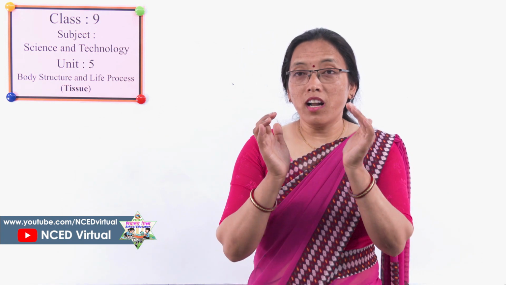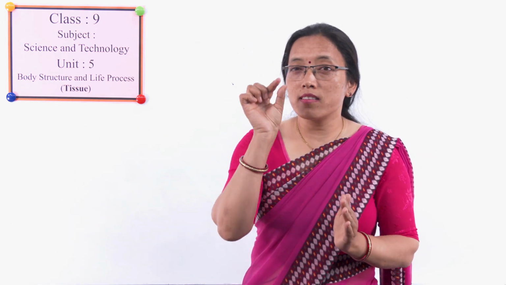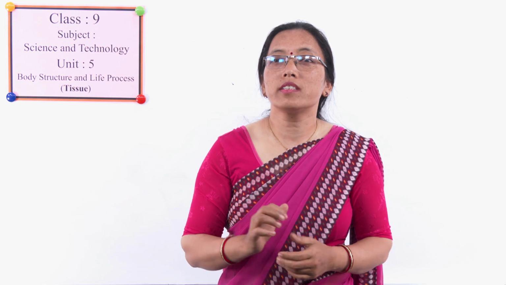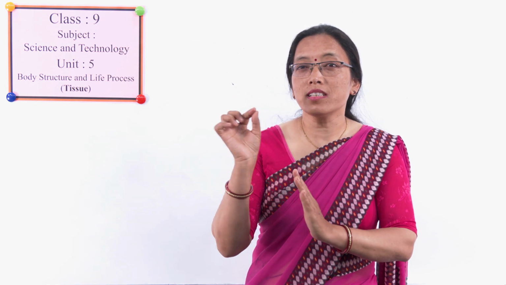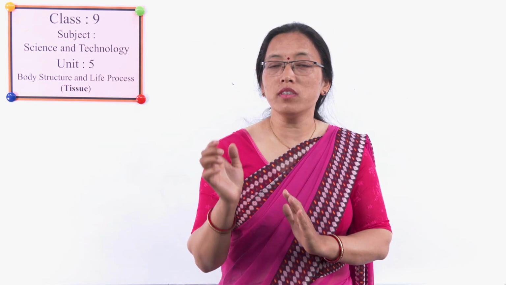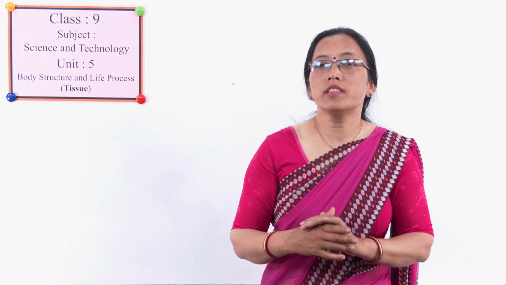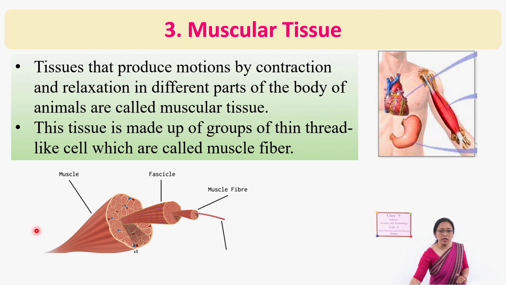I have already told you that the single cell of muscular tissue is called a muscle fiber, just like in nervous tissue, where the single cell is a neuron. See here, this is the muscle, okay?